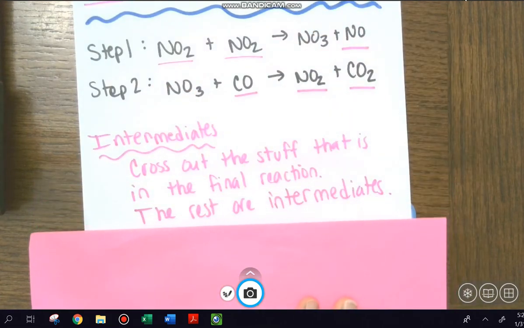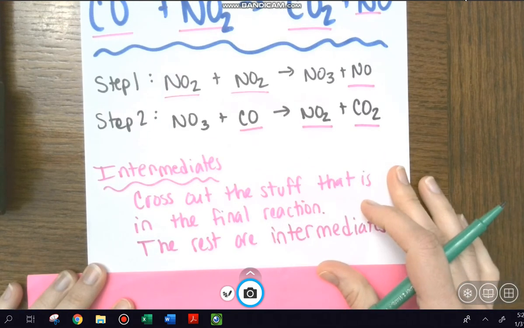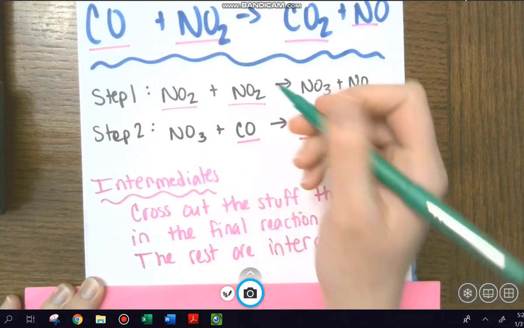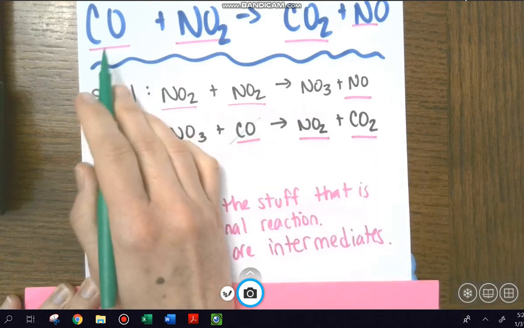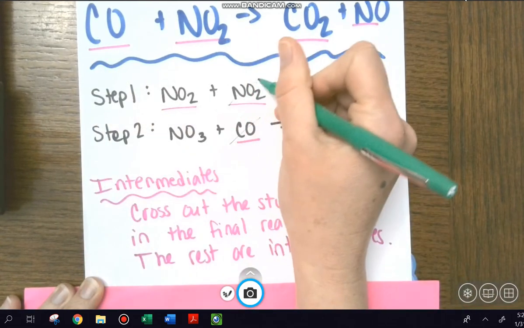So what we do have is what we call intermediates. Intermediates are things that are not in the final reaction. So anything that's in the final reaction we're going to cross out here. CO is in our reaction as a reactant, and NO2.